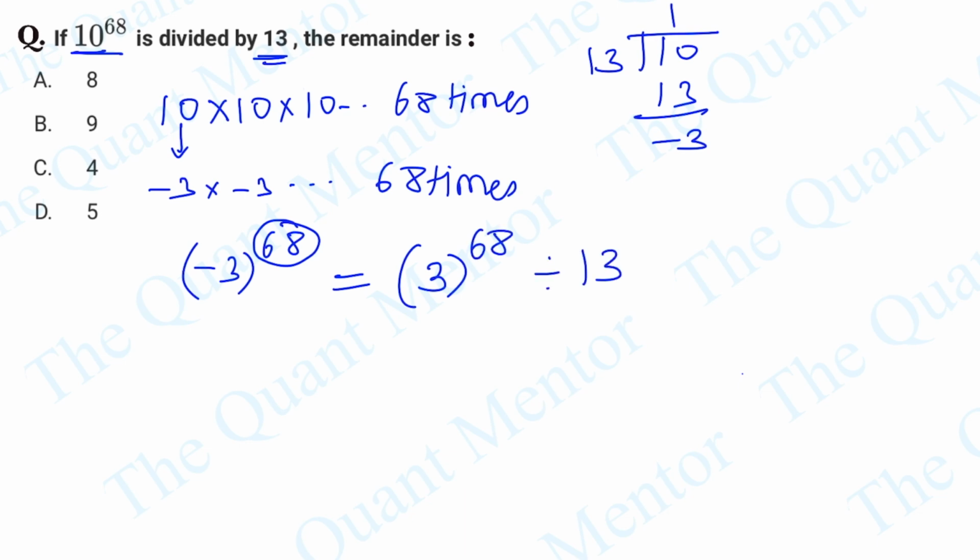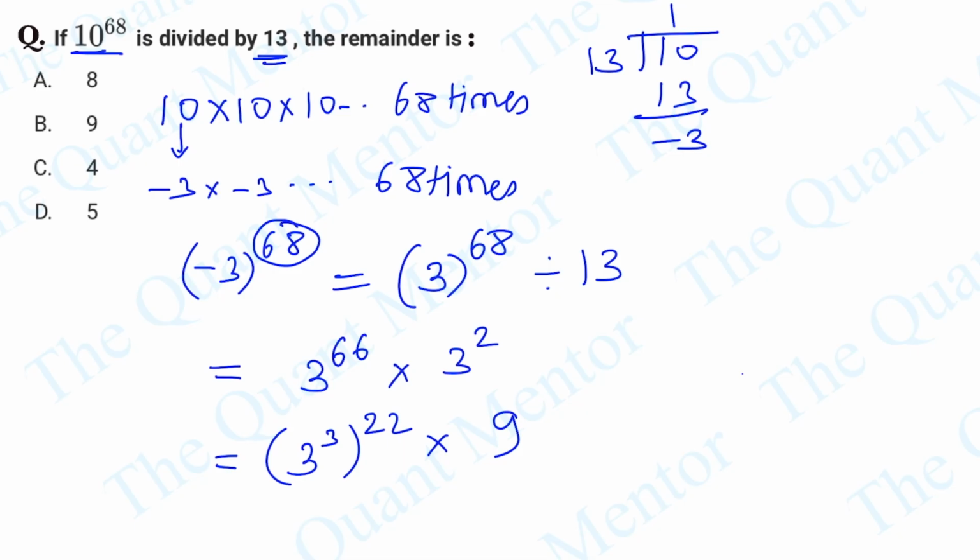Next, we can break this 3 power 68 as 3 power 66 multiplied by 3 square. And further, 3 power 66 can be written as 3 cube the whole raised to 22 into 3 square is 9. Now 3 cube will be 27, and 27 on dividing by 13 will give me the remainder 1.